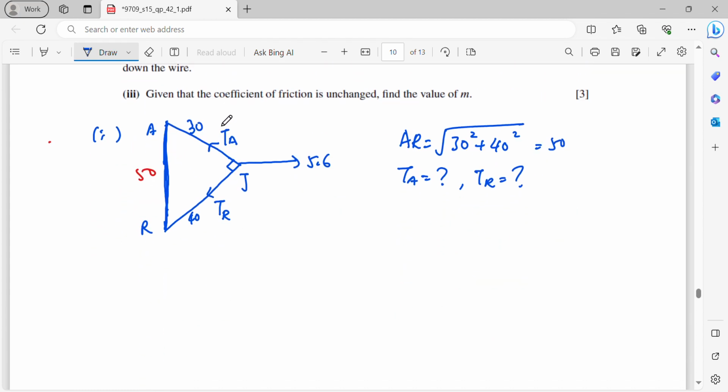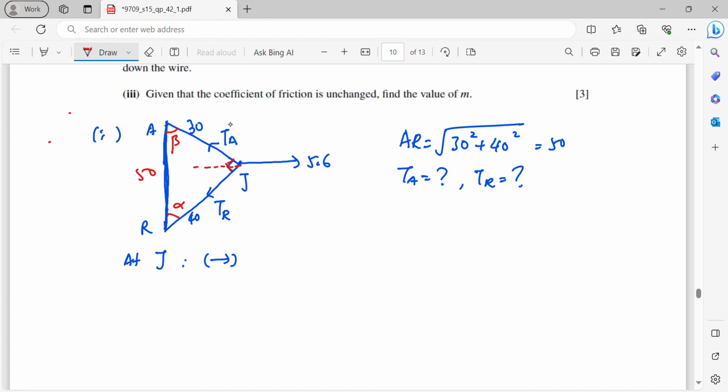Now for this case, I will refer to the point J. So at J, right? So the horizontal force. Now, for your information, if I let here be alpha, because I know that AJR is 90 degrees, then here is going to be pi over 2 minus alpha, or probably I can just let it be beta.